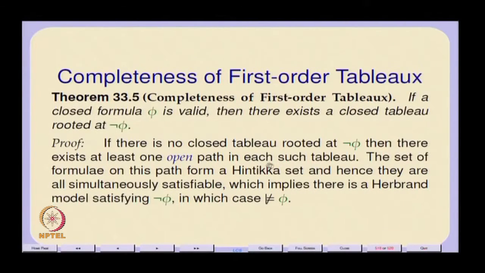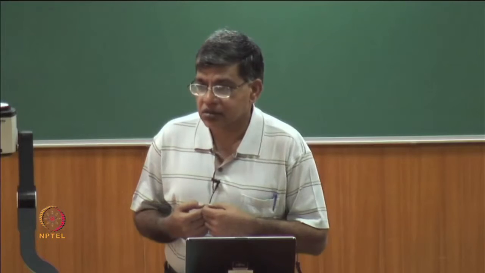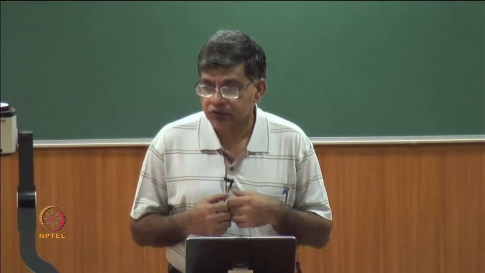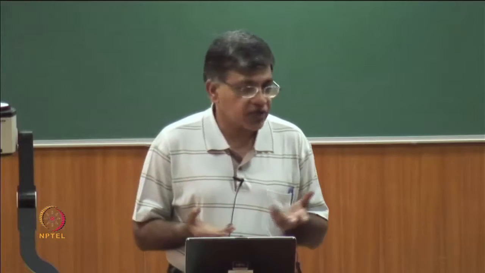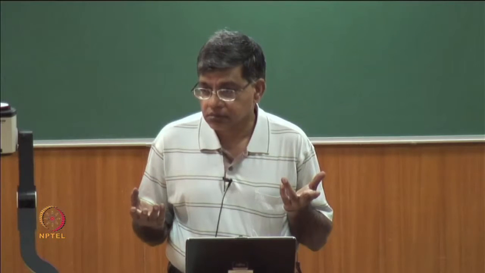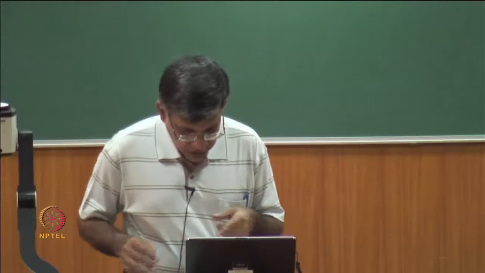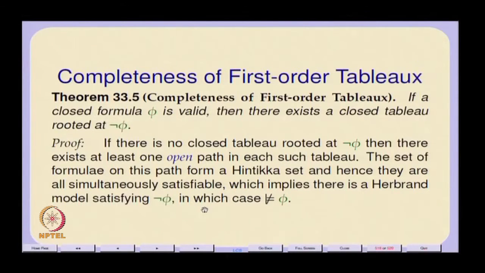You consider all the formulae along this open path, they form a Hintikka set, and we know that Hintikka sets are always satisfiable, which means not phi is satisfiable, which means phi is not valid. So, Hintikka sets allow you to shorten proofs of things like completeness, especially for Tableau methods.